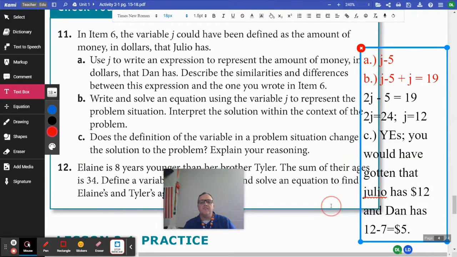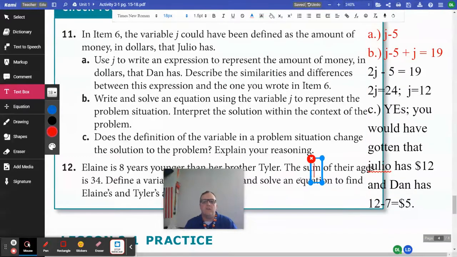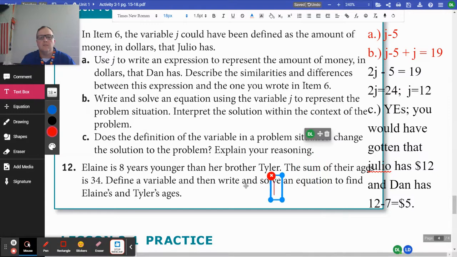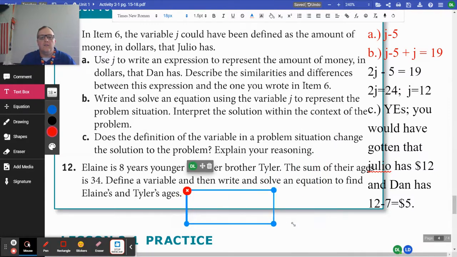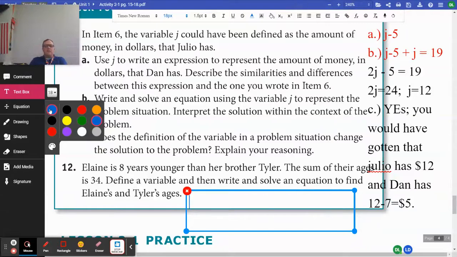Let me move this up here out of the way. Number 12. Elaine is 8 years younger than her brother Tyler. The sum of their ages is 34. Define the variable, then write and solve an equation to find Elaine and Tyler's ages.